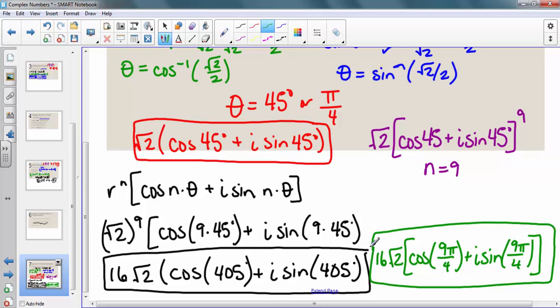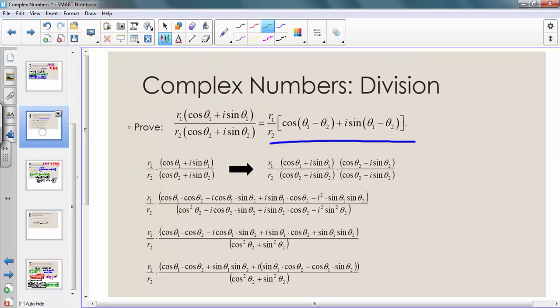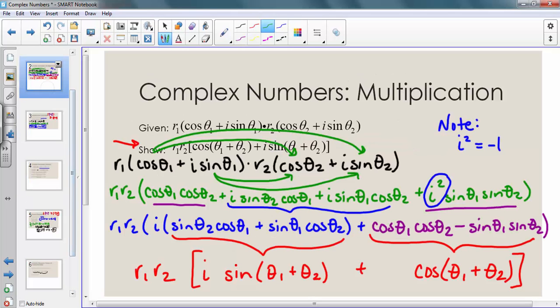So always make sure that you double check what form, whether trigonometric form or standard form, they're asking you to give your final answer in. Keep in mind all of these formulas. We have the power of complex numbers, we have the division of complex numbers, and we have the multiplication of complex numbers.